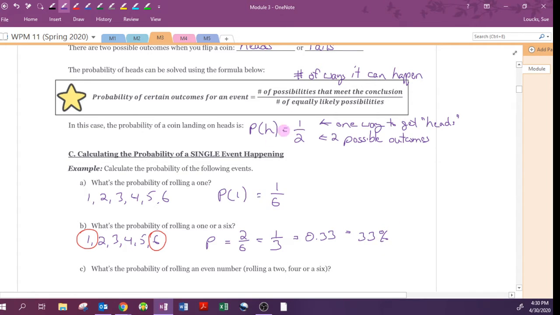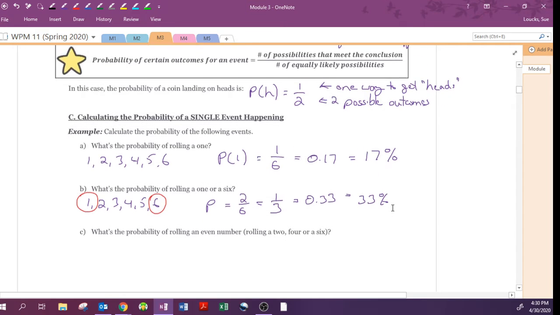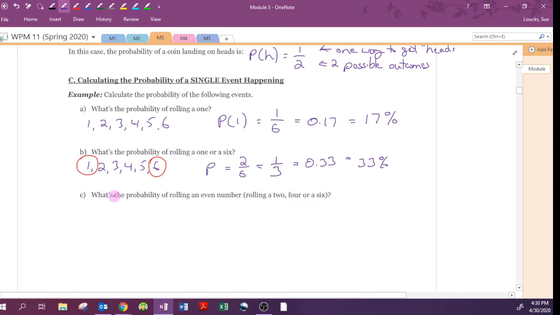Okay, and actually I should pop back up here to the 1 over 6. We could write that as a decimal, which is 0.17, and we can write that as 17%. Those are all valid ways of showing the probability. What's the probability of rolling an even number? Well, our possible outcomes are 1, 2, 3, 4, 5, and 6.